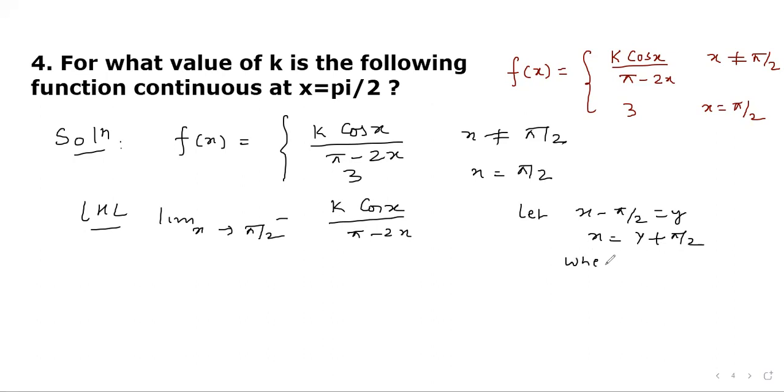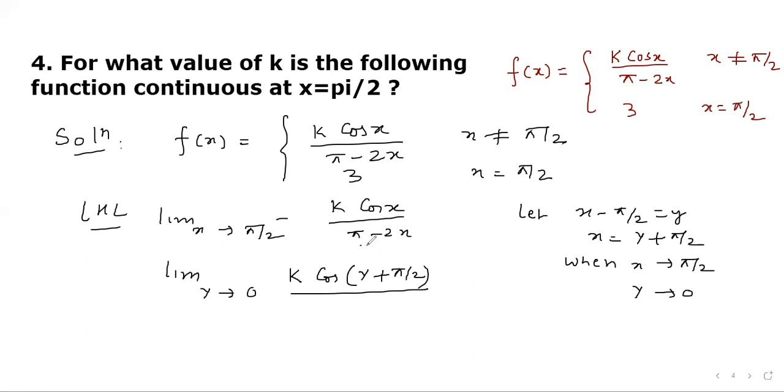Now, when x tends to pi by 2, y tends to 0. So this becomes limit y tends to 0, k times cos of y plus pi by 2, whole divided by pi minus 2x.